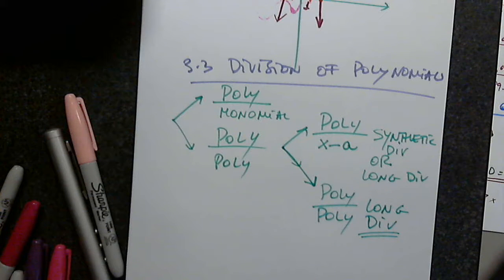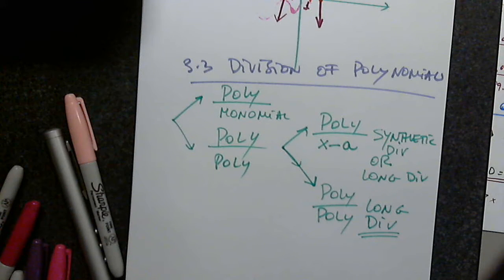So we will be looking at two situations. One, in which I divide any polynomial you can think of by one term, one monomial. And the second situation when I divide a polynomial by a polynomial, but I have two options. The long division always works.